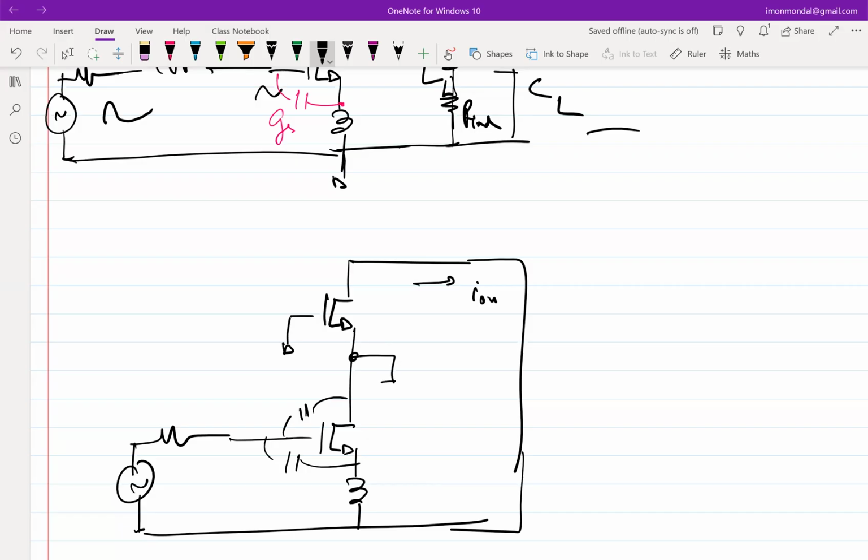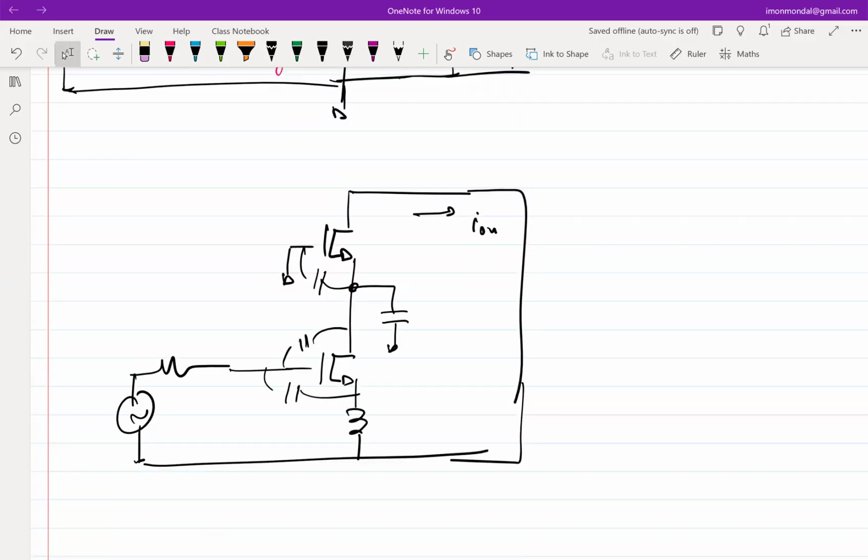And there will be a capacitance associated with this node, there will be capacitance this node and so on. So this will not eliminate the effect, but it will mitigate it because now the swing at this node is not as much, right?